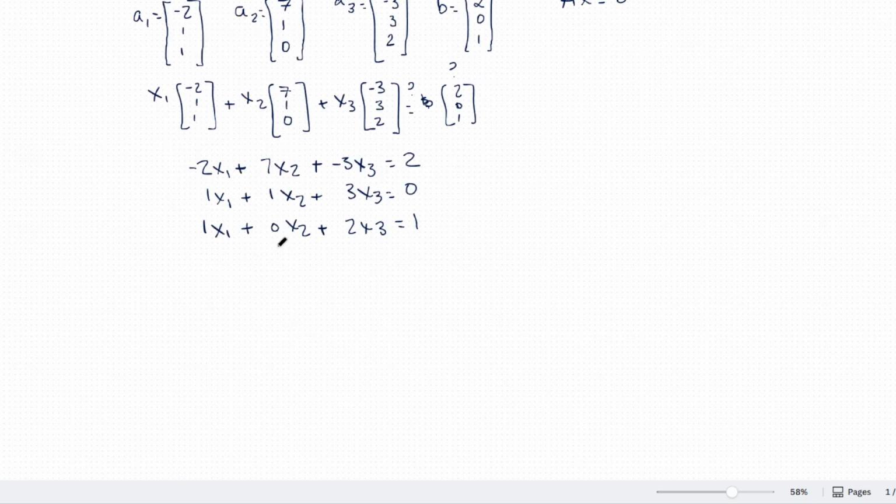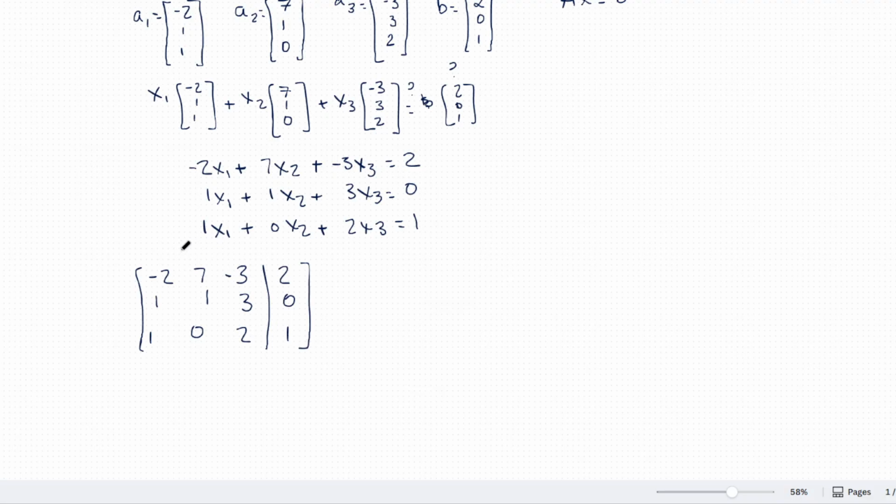Then what we do is we turn this into our augmented matrix of -2, 7, -3 with our solution of 2, 1, 1, 3, solution 0, 1, 0, 2, 1.